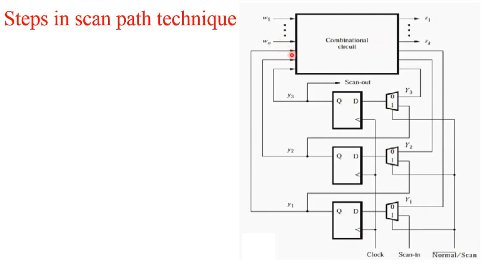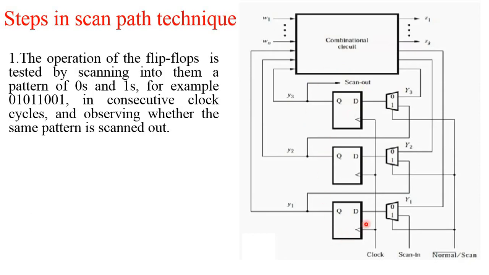So what are the steps involved in the scan testing method? One is the operation of the flip-flops. The flip-flops are tested by scanning in patterns of zeros and ones. For example, here I take 0, 1, 0, 1, 1, 0, 0, 1. In consecutive clocks, we observe whether the scan pattern is scanned out or not.